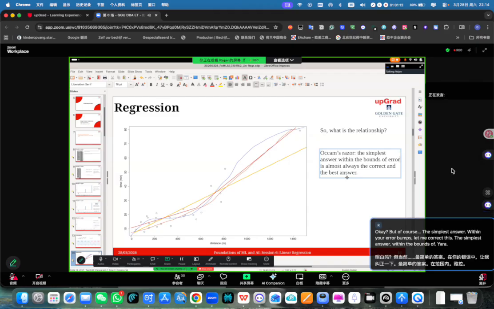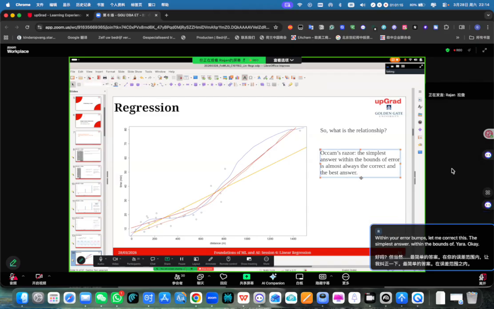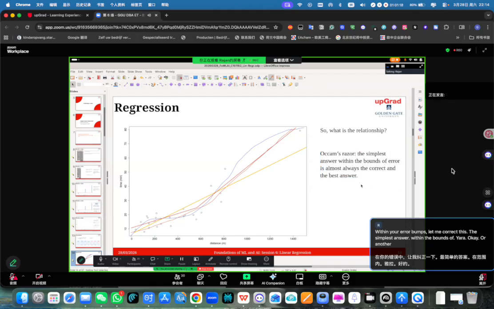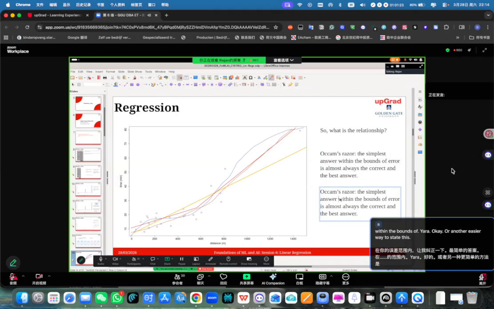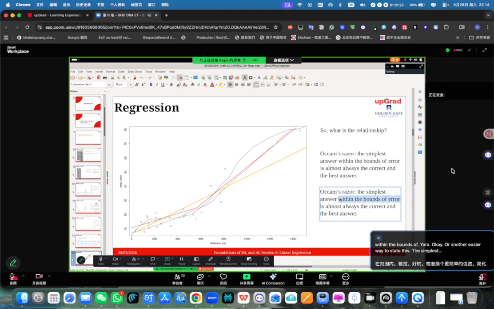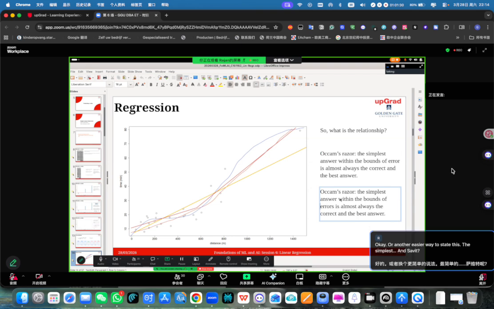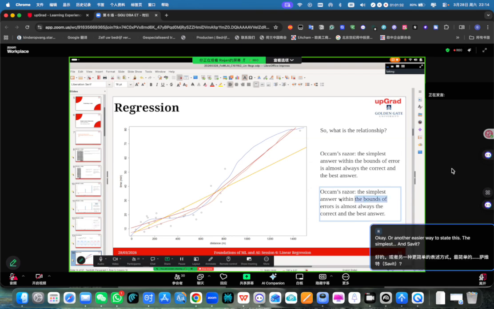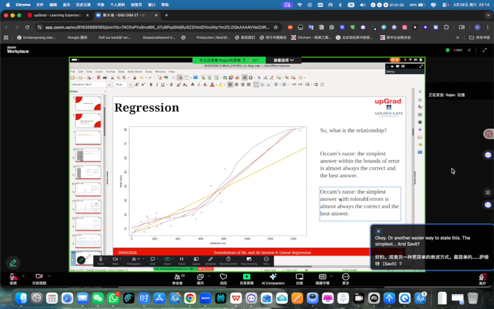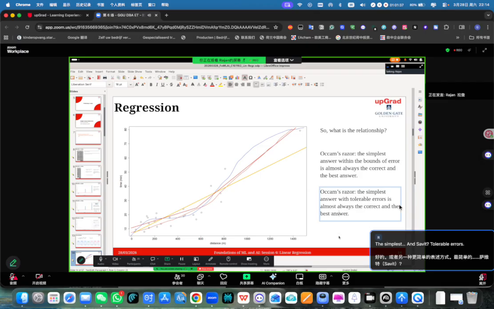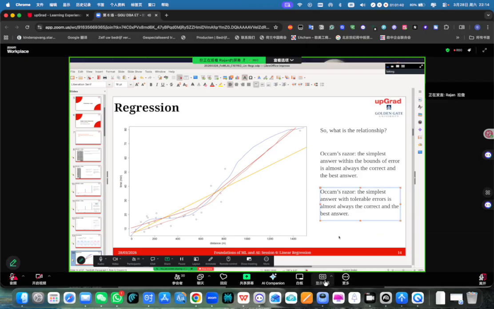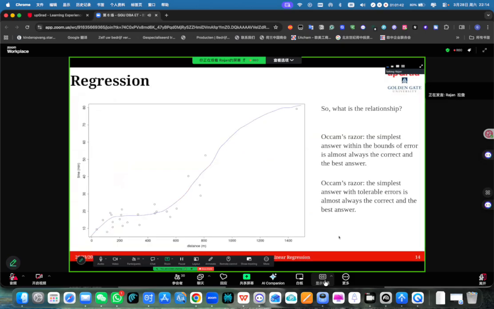Or another easier way to state it is the simplest answer with tolerable errors is almost always the correct and the best answer. This is something we use.